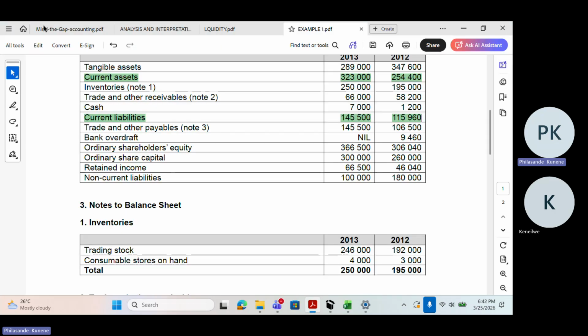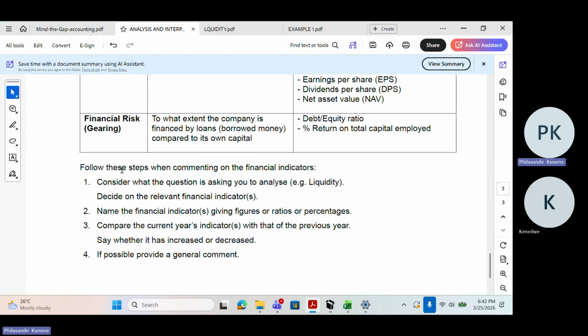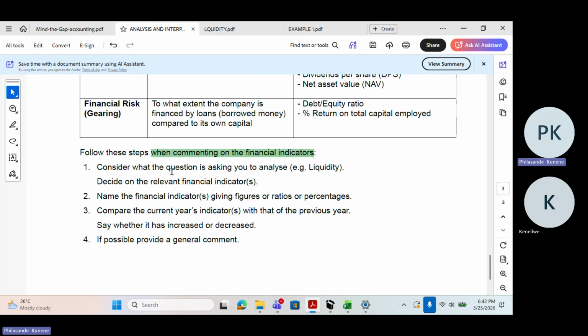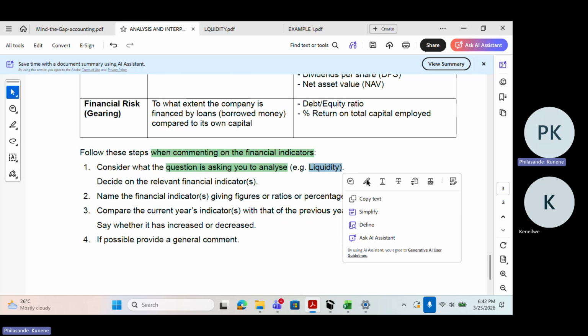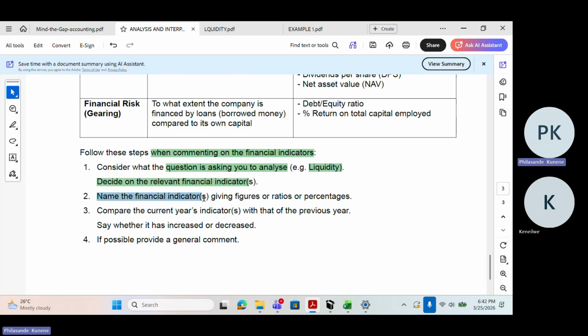When we're commenting, follow these steps when commenting on the financial indicators. Consider what the question is asking you to analyze, e.g. liquidity. Decide on the relevant financial indicators, here the current ratio and acid test ratio. Name the financial indicators giving figures, ratios, and or percentages.